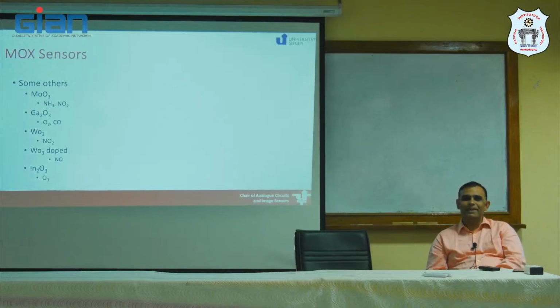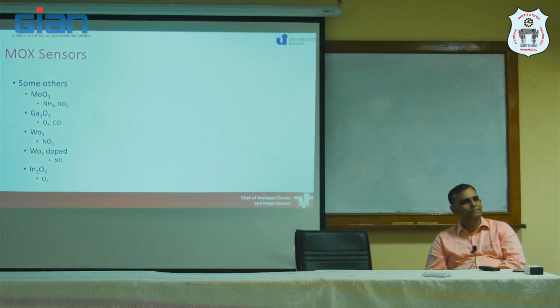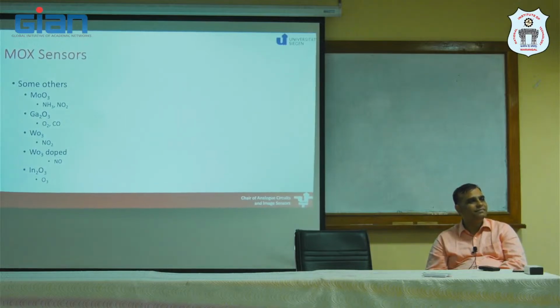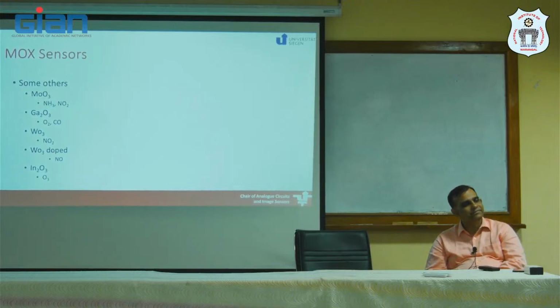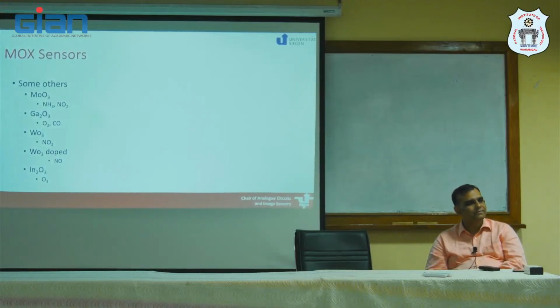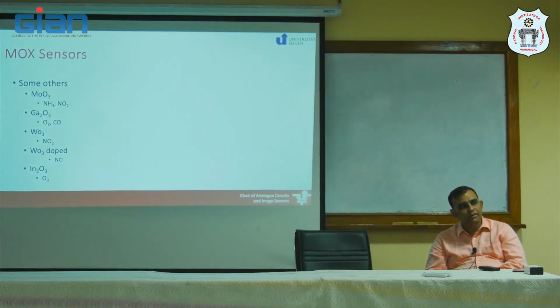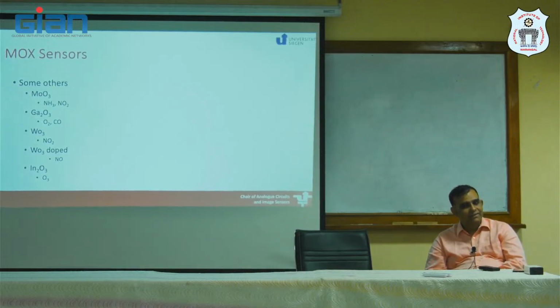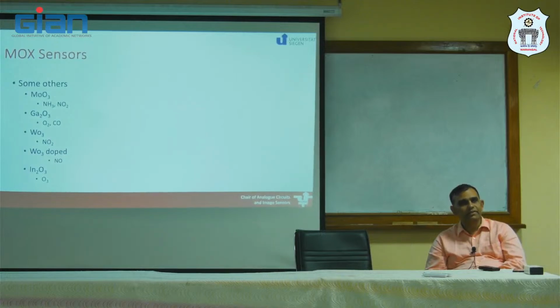So I can either increase my current, or what else can I do? The resistance. Something has to be done to the resistance. Good. So either we play with the resistance or we play with the current.